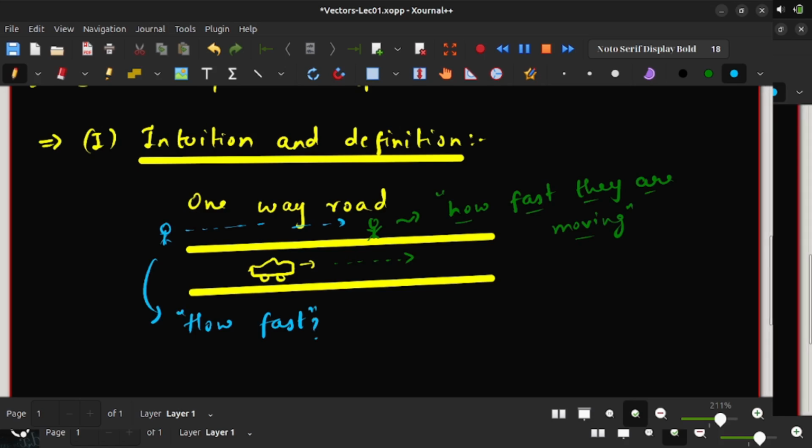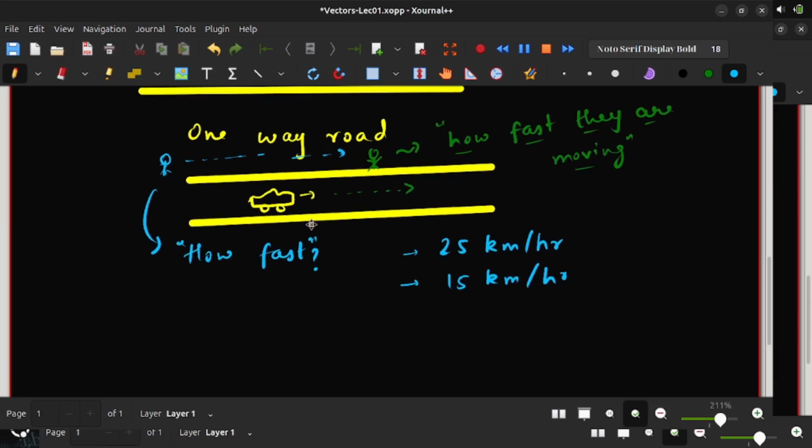And then you say, okay, maybe 25 kilometers per hour, or maybe something like 15 kilometers per hour, whatever. But the main point is you give these numbers, and that number is sufficient for him. For the policeman, his question is answered.